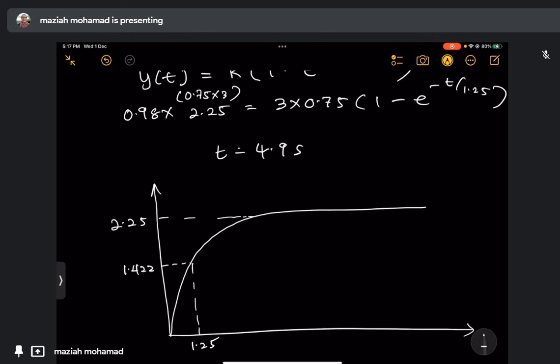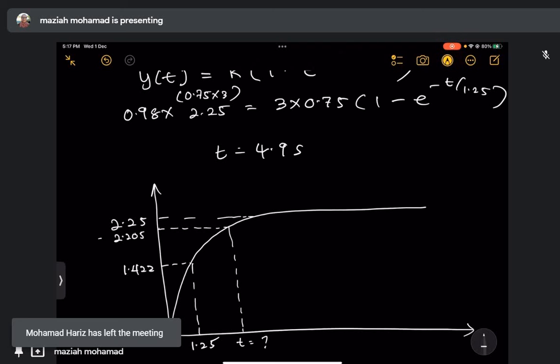Okay. And then berapa tadi? 0.98 multiply with 2.25, this is 2.205, which is 98%.